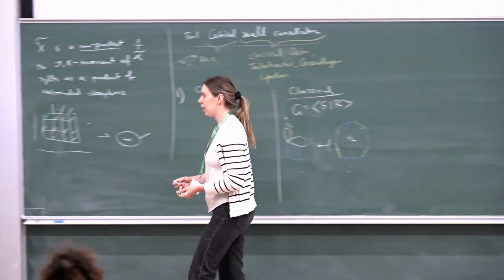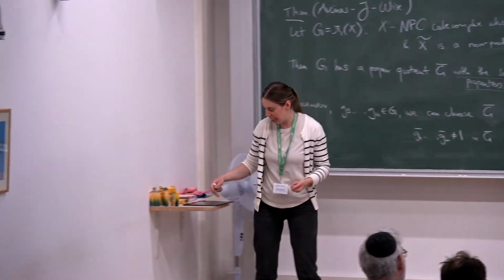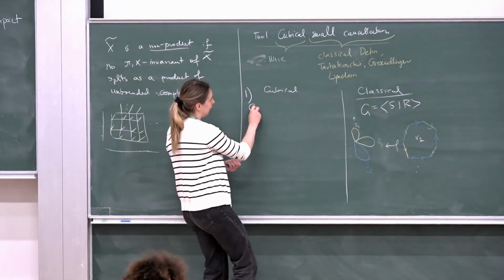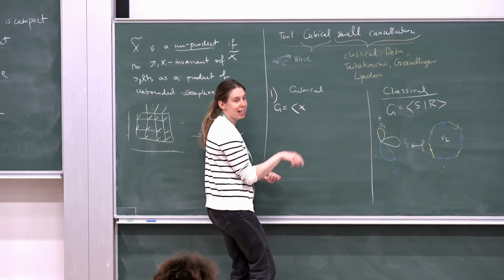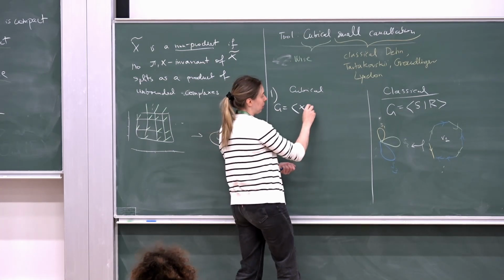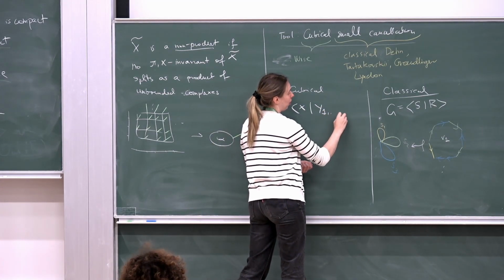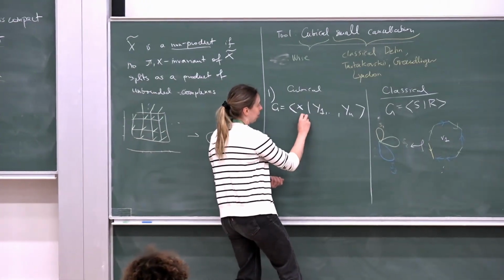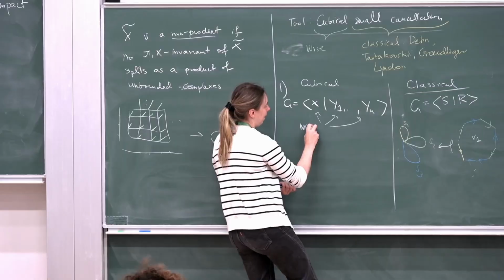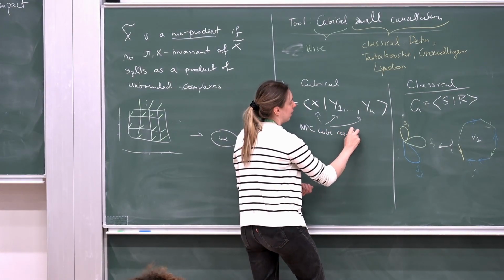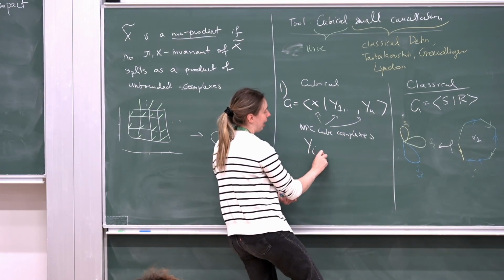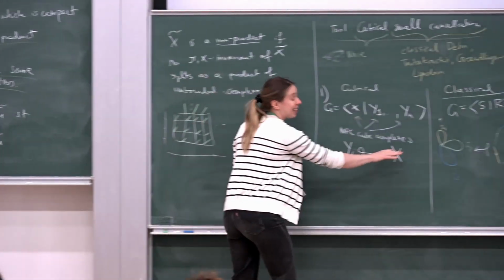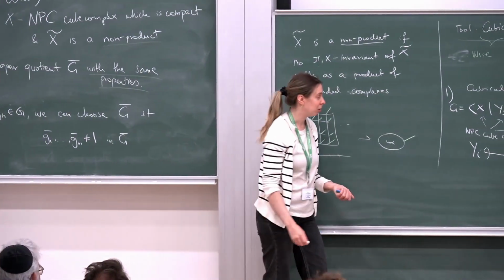And so on the cubical side, I'm going to look at a similar geometric picture, but instead of assuming that I have a wedge of circles and cycles mapping to it, I'm assuming that I have arbitrary cube complexes and local isometries. So those are all non-positively curved cube complexes, and each Yi comes with a local isometry to X. So in particular, a map that induces an embedding of the fundamental groups.